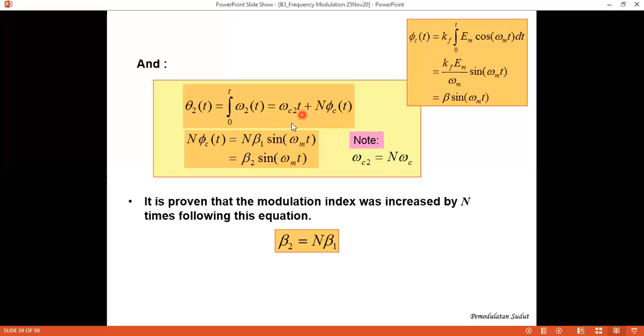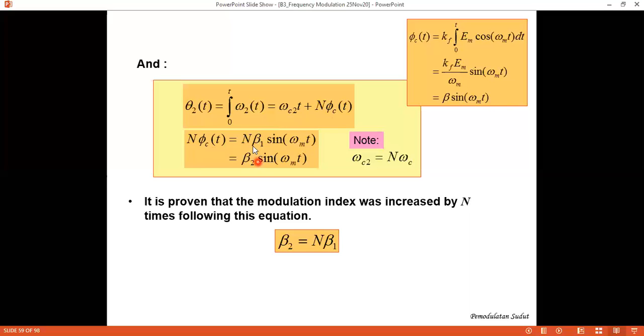So we know that n phi C(t) is also equal to n beta 1 sine omega m t, where our phi C(t) is beta sine omega m t.